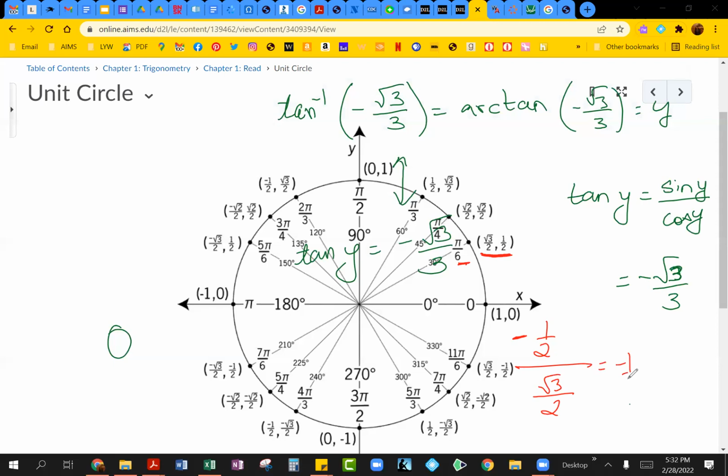So remember, this is where we do negative 1/2 and then change division to multiplication, invert the second fraction. So this will end up becoming 2 over square root of 3. And in this case, 2 and 2 will cancel out. You are left behind with negative 1 divided by square root of 3. We always rationalize our denominator.